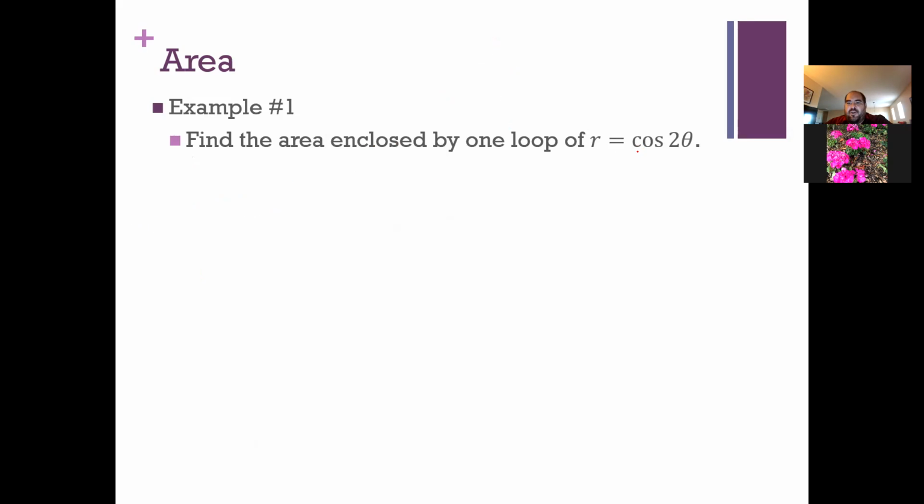So we have this graph, cosine 2 theta. Most of what we did last night to graph these, and I think the only method we did, and that's my fault, was plotting points on a table and then transferring those to a graph.